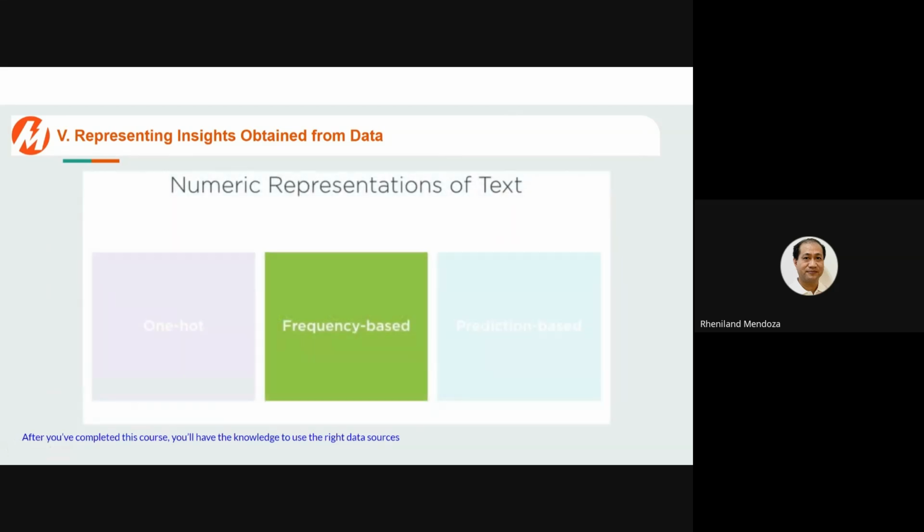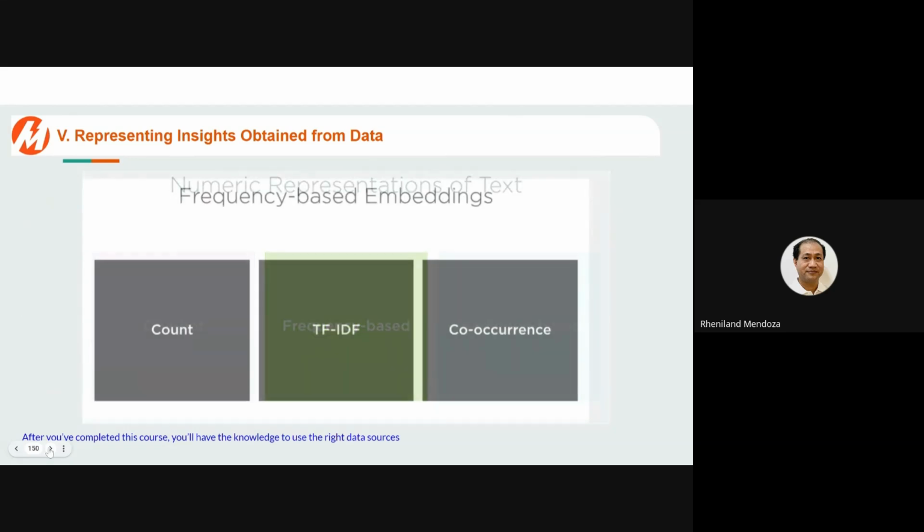Now, let's move on to frequency-based encoding. One-hot encoding does not tell you how often a particular word occurs in text. Frequency-based encoding does this. There are actually three categories of frequency-based encodings.